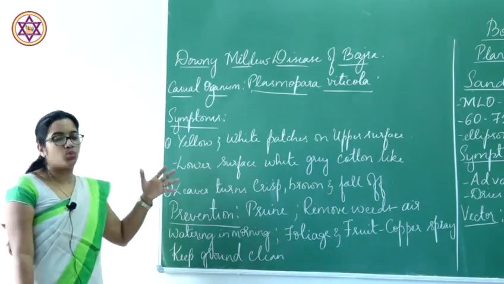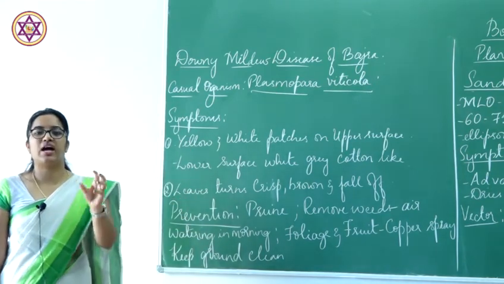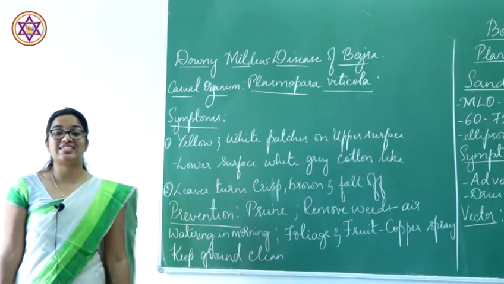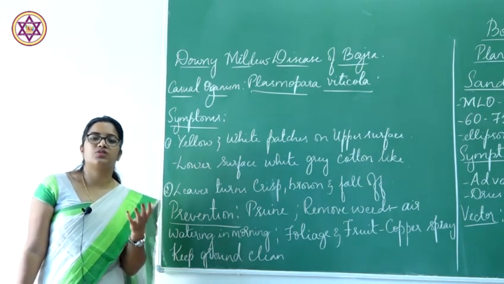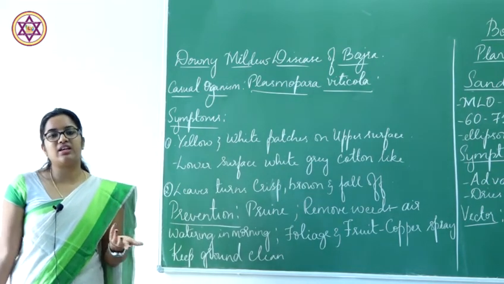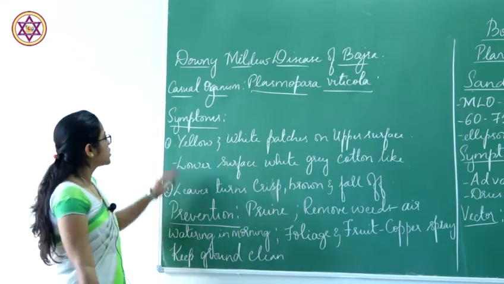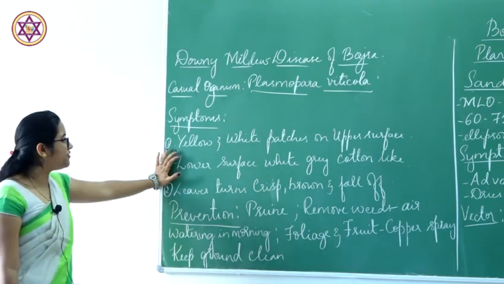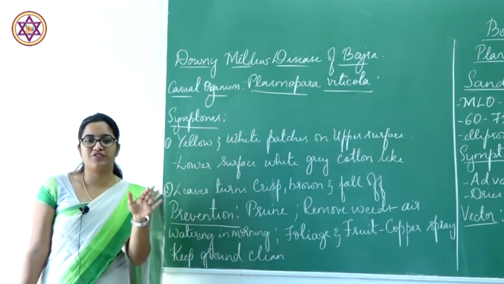When we analyze the symptoms, we can be aware that a particular plant is being attacked by this fungus. Once we know the symptoms, it is very clear what measures could be taken to prevent it. The first symptom is yellowish white patches on the upper surface of the leaf.